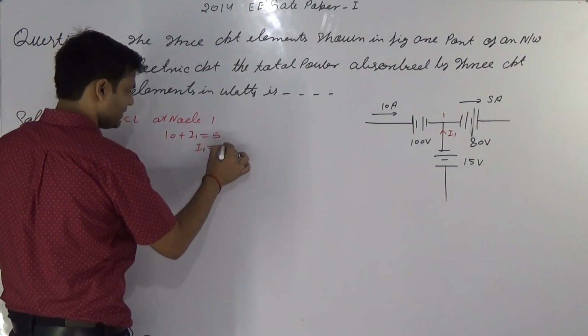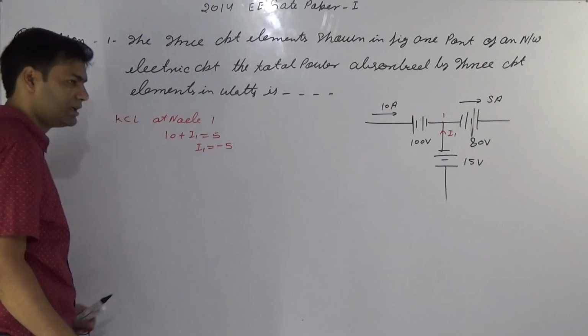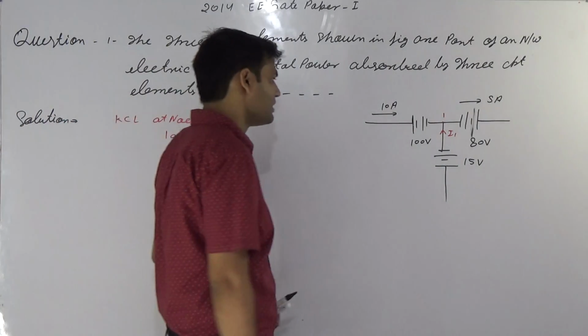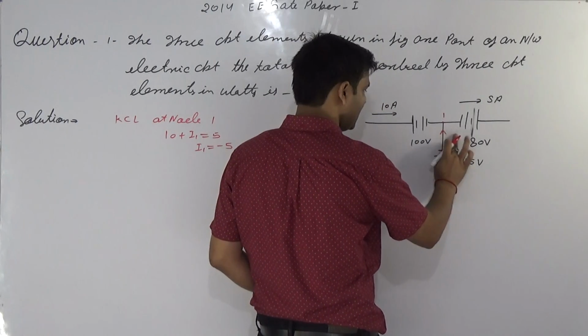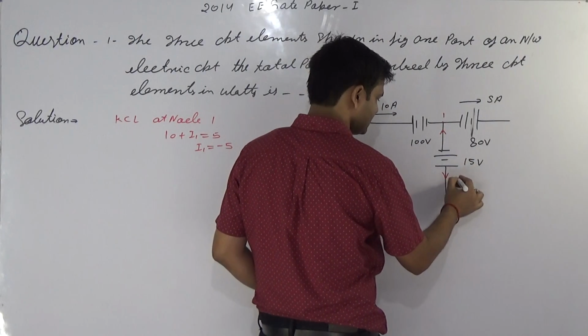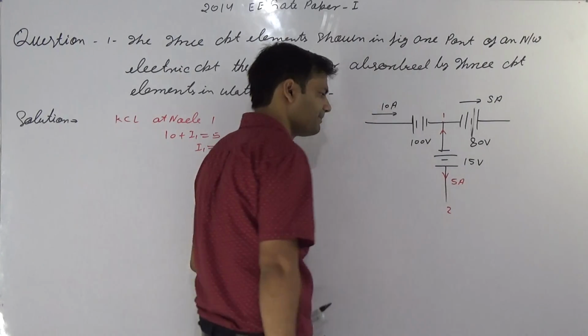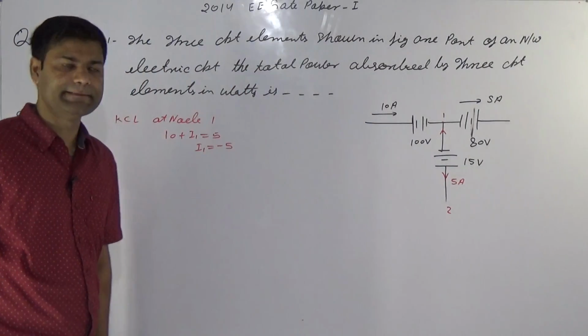I1 equals minus 5 ampere. It means the direction of current is 1 to 2, so I1 is 5 ampere. Is it clear?